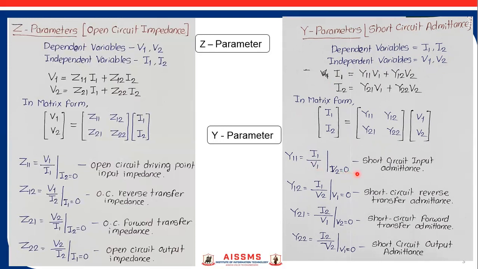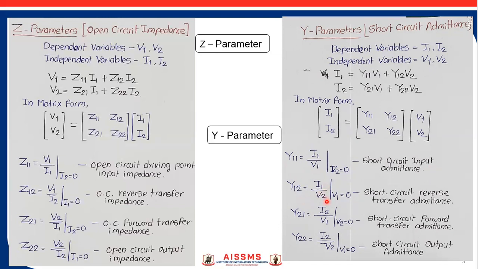If output terminal, that is port 2, is short circuited, we get Y11 and Y21, and when we short circuit port 1, then we get Y12 and Y22. Y11 is equal to I1 upon V1, V2 equal to 0, short circuit input admittance.